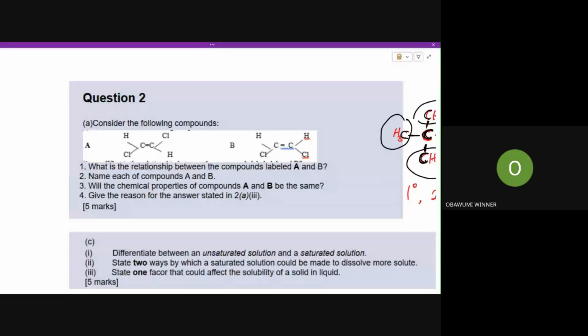A is having trans configuration, while B is having cis configuration. Very good.